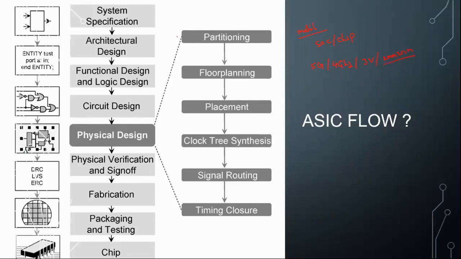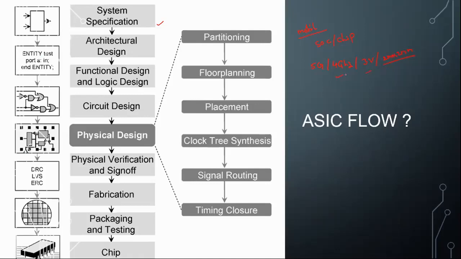These are my specifications, which we get from the customer. When we are working in the industry, this is a very important step. We have to understand what SoC we are going to build and what the specifications are, for example the speed, the power requirement and the size.